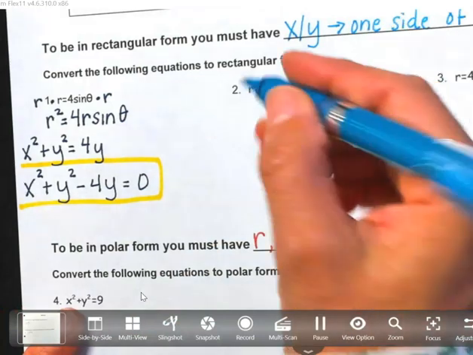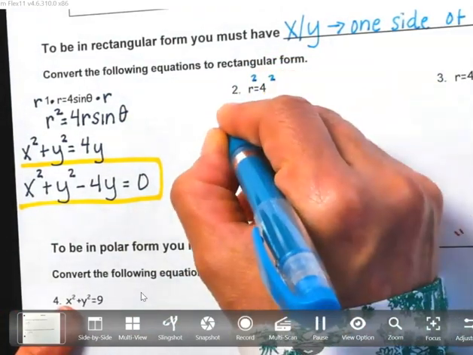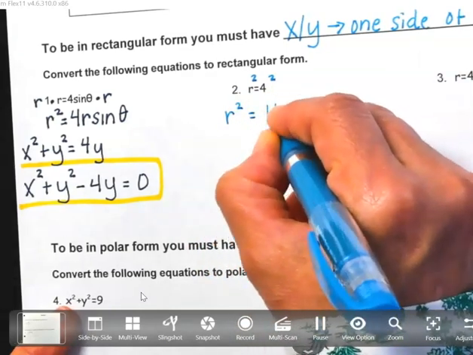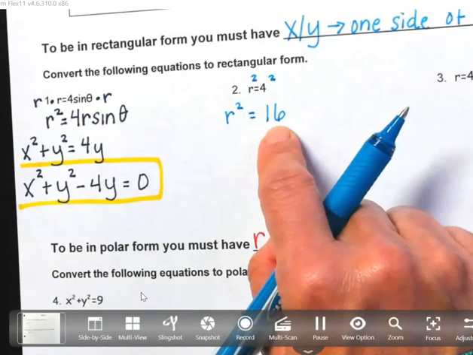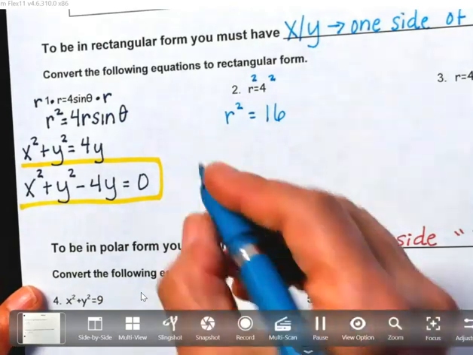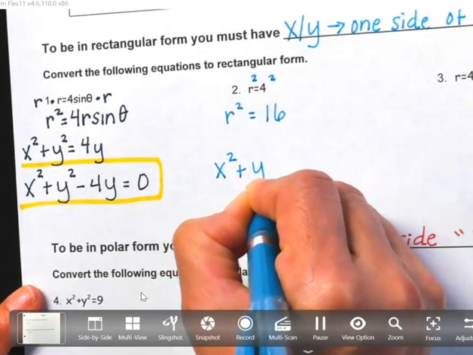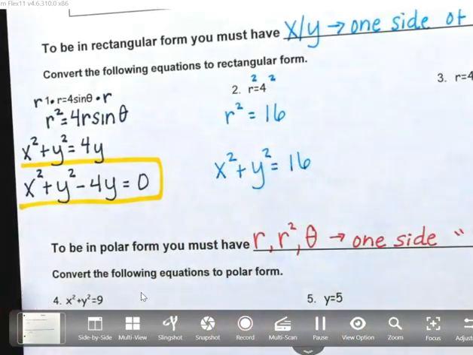So let's square both sides. So we're going to have r squared, and I'm not going to get stuck over here because that's just a 16, not a plain r. So what is r squared again? It's x squared plus y squared. So this is going to be x squared plus y squared equals 16. That's it.